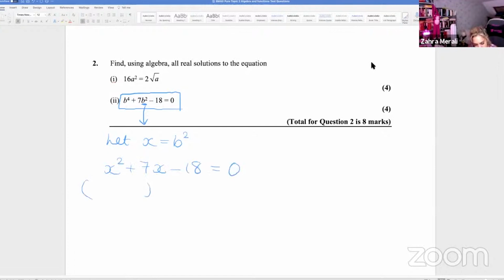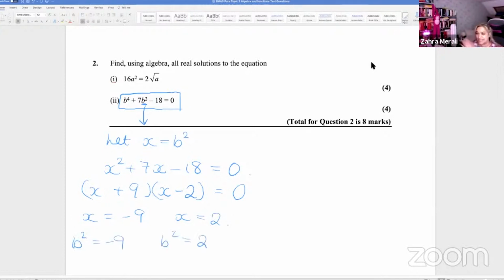We can factorize that. x and x. 18 is 9 and 2, and we're going to get plus 9 minus 2. So x equals minus 9, x equals 2, which tells me b squared equals minus 9, b squared equals 2.